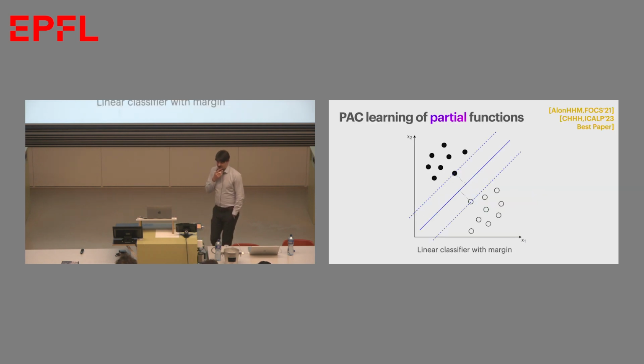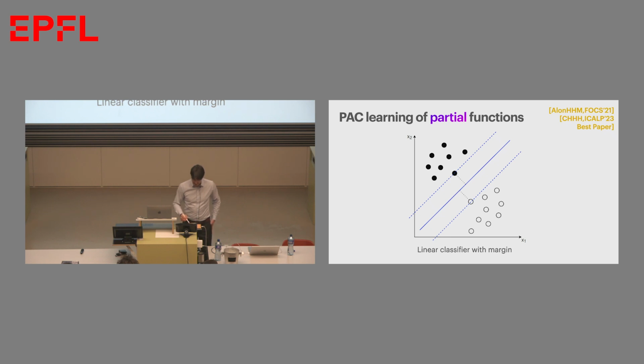So the first consequence is in computational learning theory. I want to highlight some papers that are not even by me, but they're using our constructions. There are a couple of papers that wanted to develop a general theory of learning, not of total functions, but of partial functions. Traditional PAC learning is defined for total functions, but partial functions do arise.